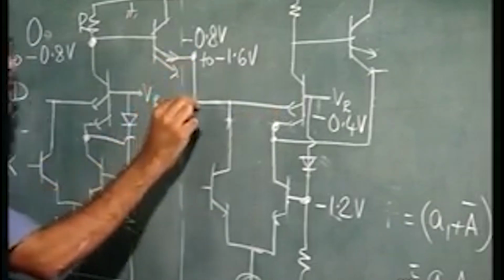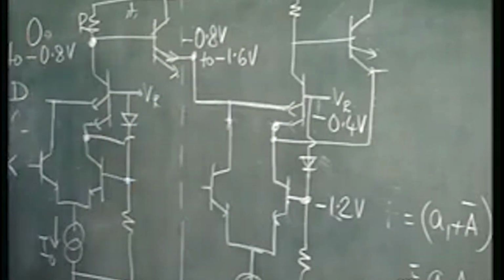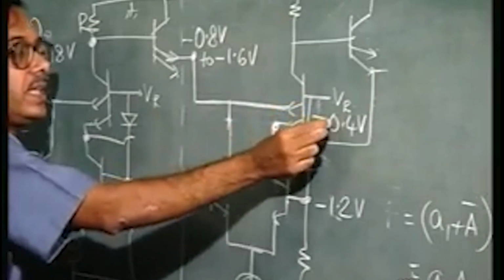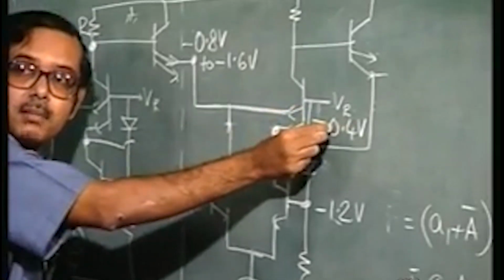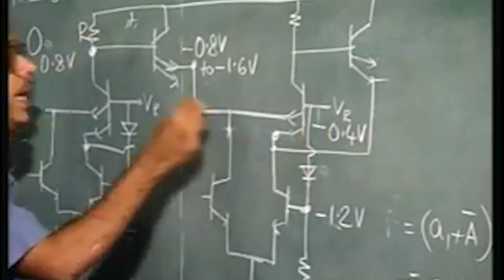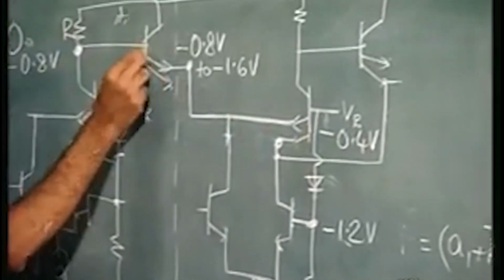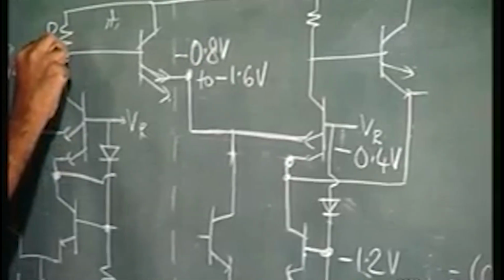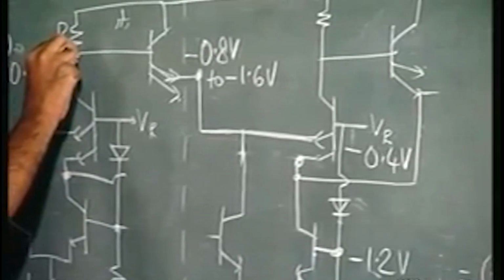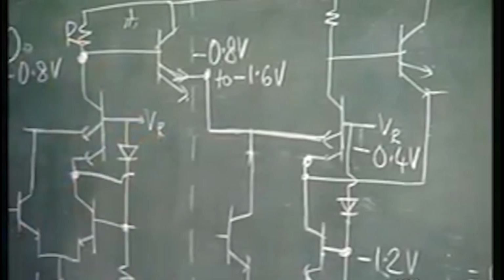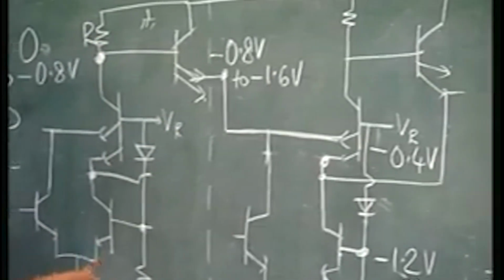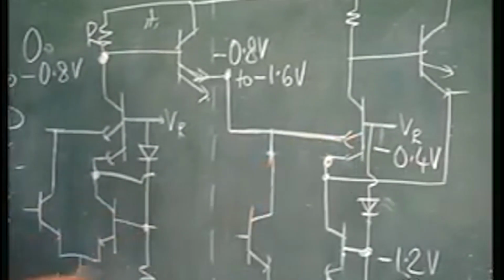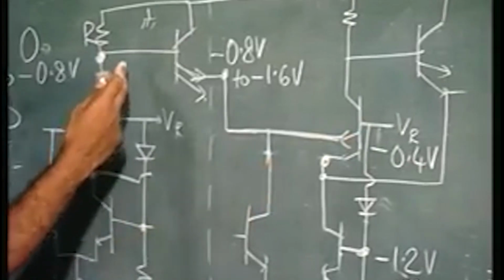The emitters are shorted here, you see. And this input here is minus 0.4 volts, and the input at the base of this transistor is varying from 0 to minus 0.8 volts. So, what we have is a variation of this VR plus minus 0.4 volts at the base here.